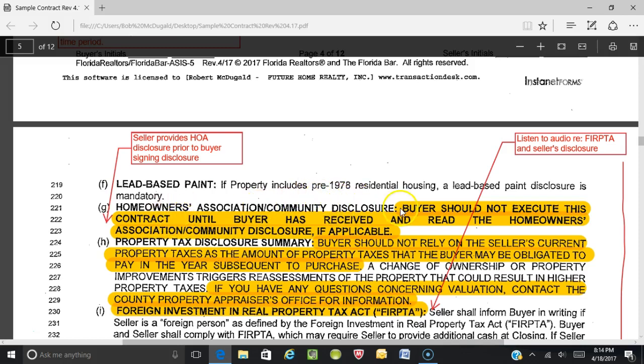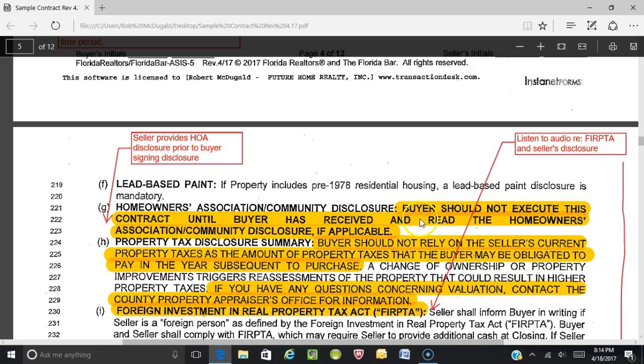Homeowners Association: buyer should not execute this contract until buyer has received and read the Homeowners Association community disclosure, if applicable. Get this question a lot. Sometimes people will ask, well, should my buyer do it? There wasn't one included. If you know there's an HOA, then you need to have that filled out by the seller prior to your buyer signing it.